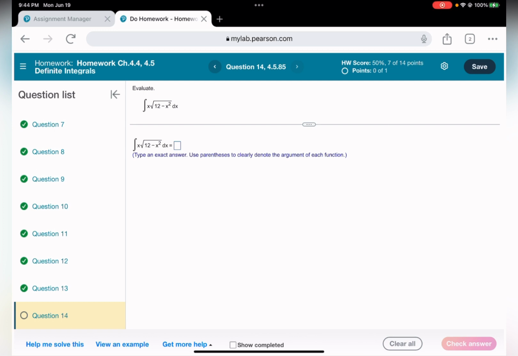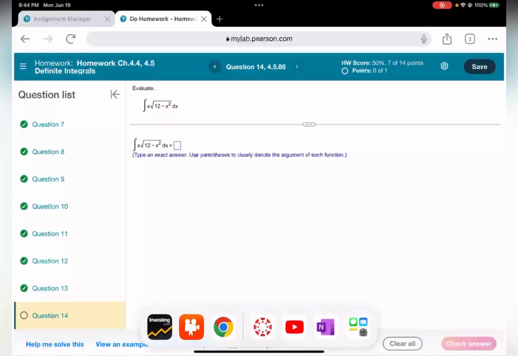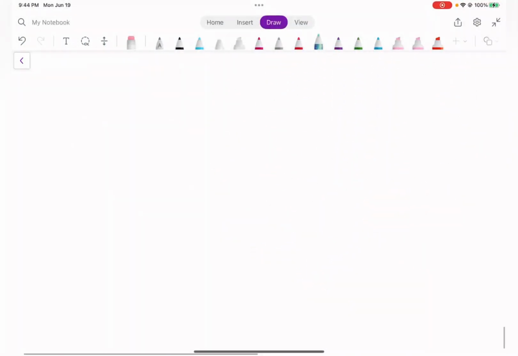It's going to be very interesting to solve this one. All right, let's start solving. So x times the square root of 12 minus x squared dx.